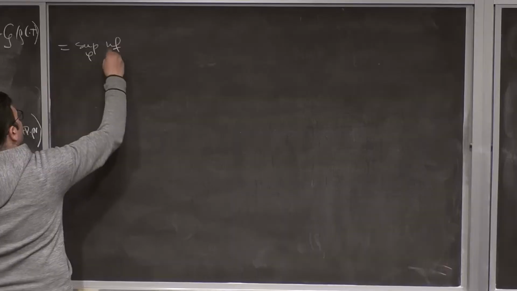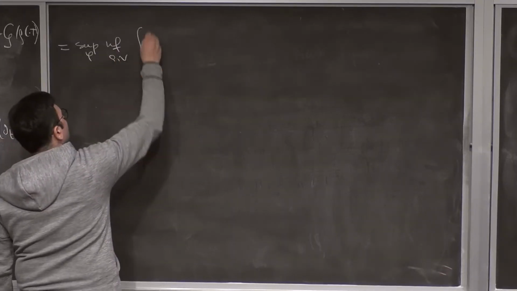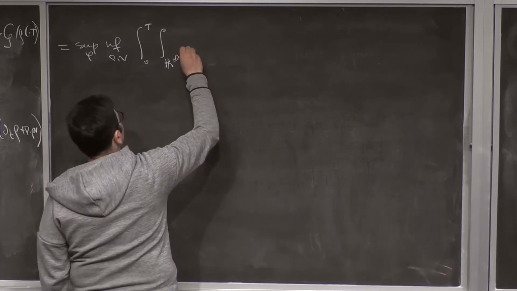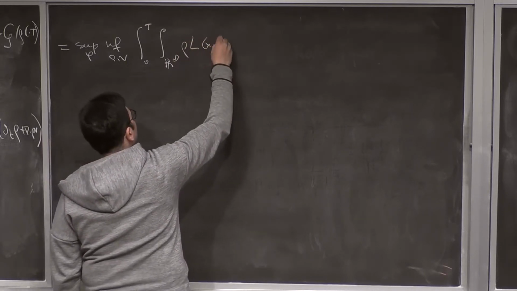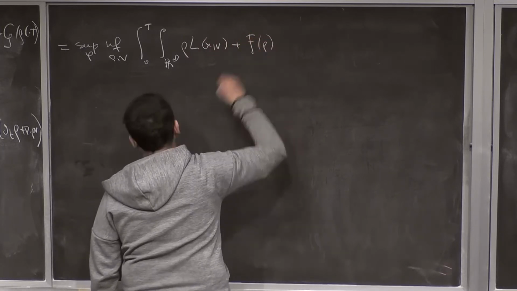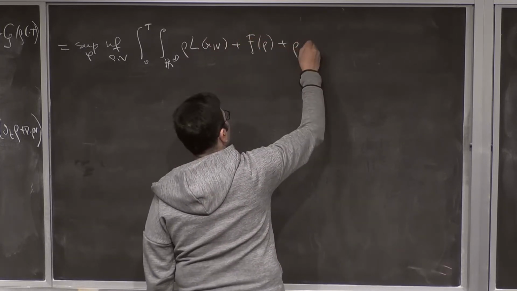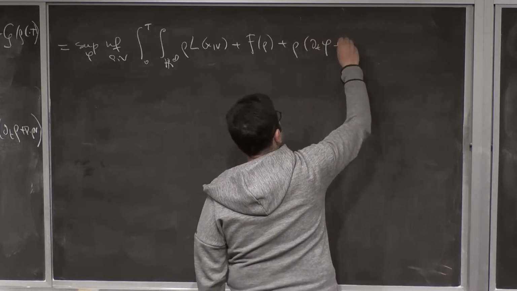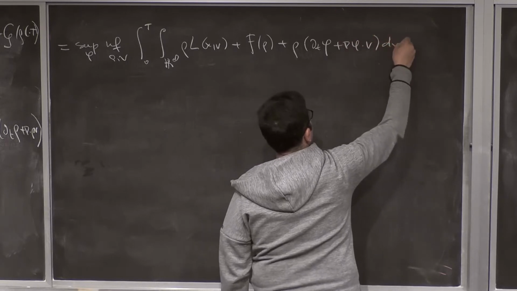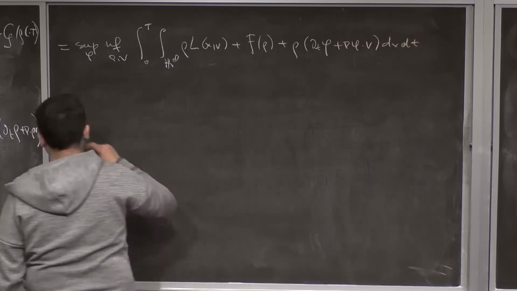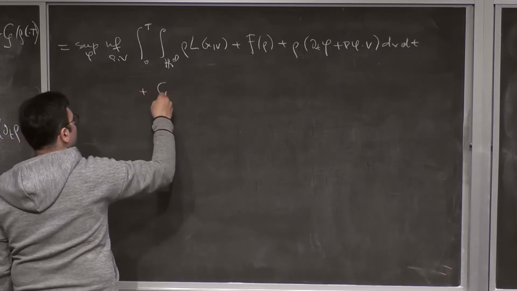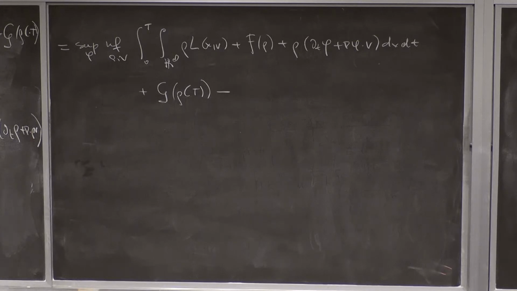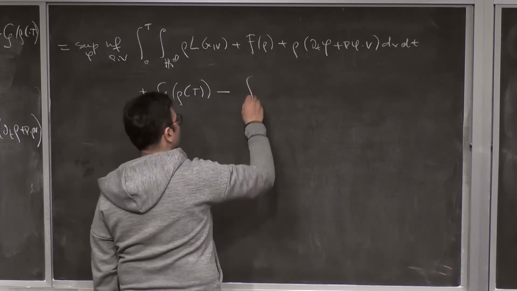So this is equal to sup over phi, inf over rho, v, dt phi plus g, and then minus, there are some boundary terms, right?